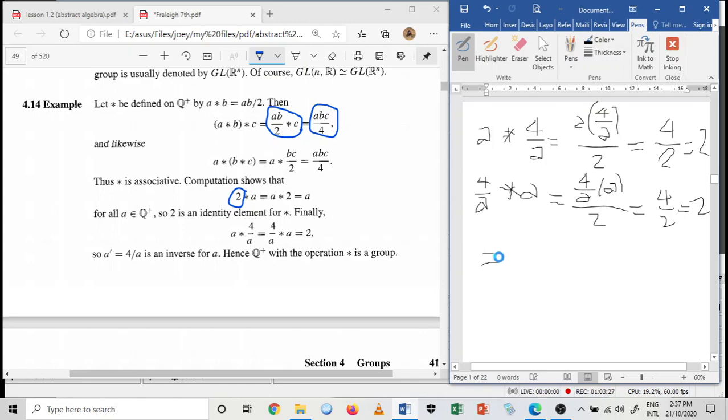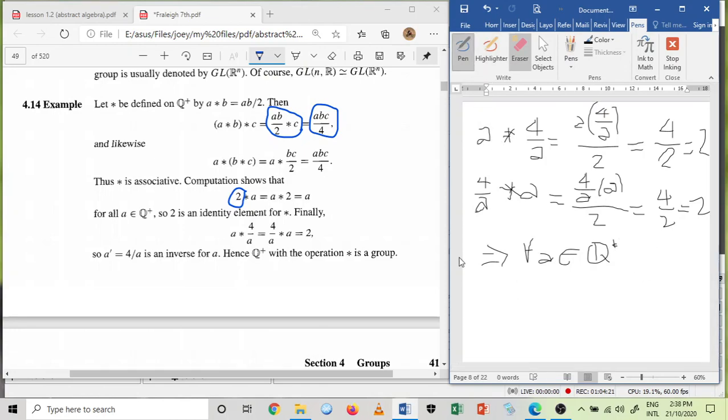for every A in the set of positive rational numbers, there exists an A inverse. Let us just write this here below.